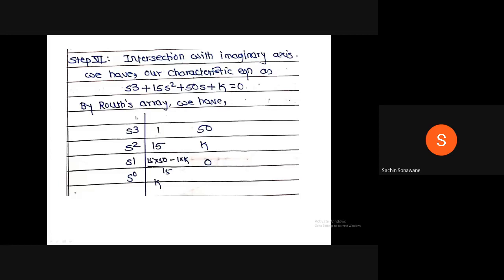Now the coefficient of s cube is 1, then the coefficient of s is 50, and coefficient of s square is 15, and again the value k. Now you have to obtain s raised to 1 like this: 15 into 50 minus k into 1 divided by 15, and here it is 0. Similarly, at s raised to 0, the value of k will come.